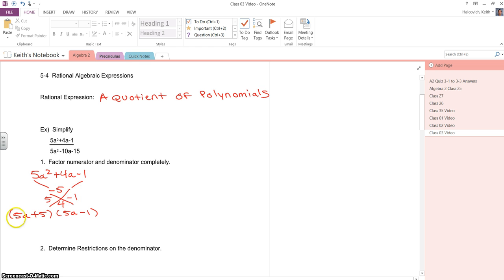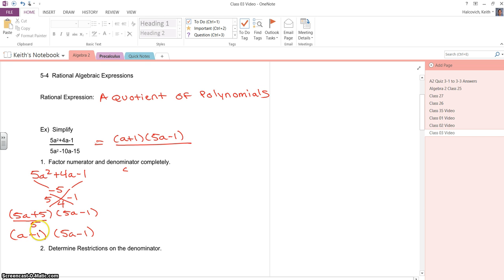Then you factor out the common factor, divide by the GCF. In this case, you divide by 5, so you get a plus 1. And this one does not have a GCF other than 1, so you just leave it. So on the top, you have a plus 1 times 5a minus 1 in the numerator.